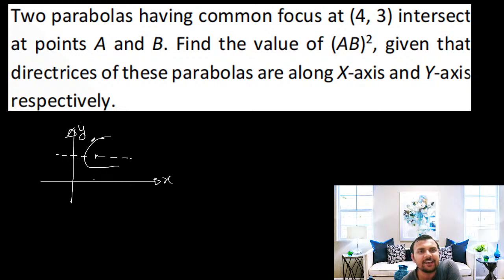So they intersect at A, B. One has x-axis, so if we go somewhere like this, so AB square. They have got the same focus.